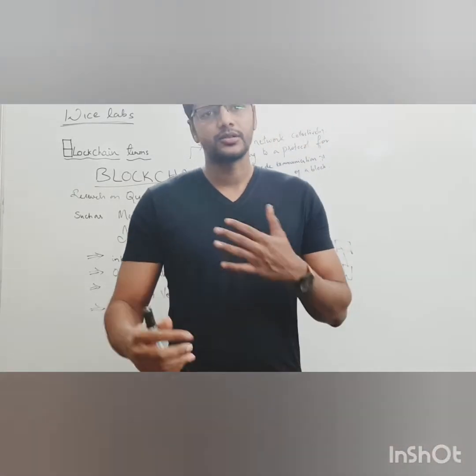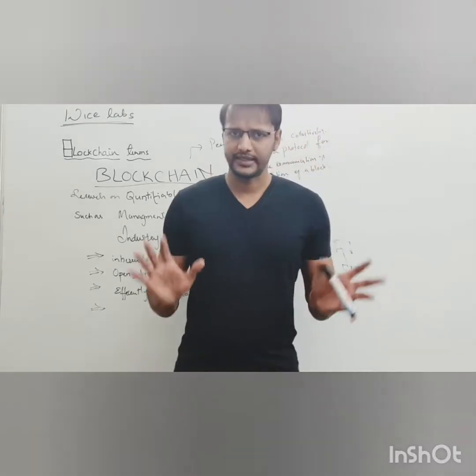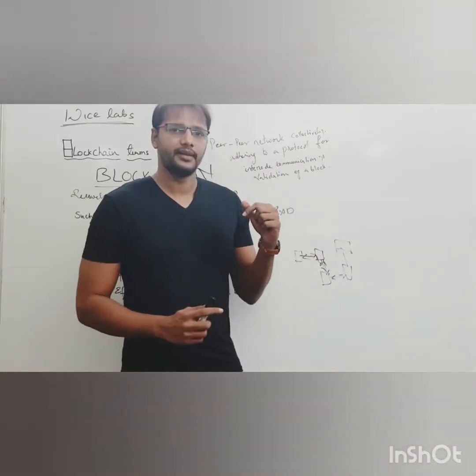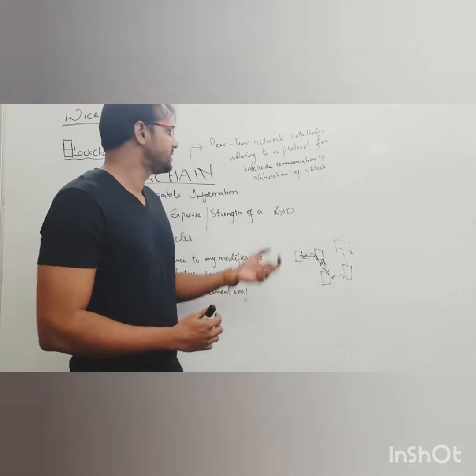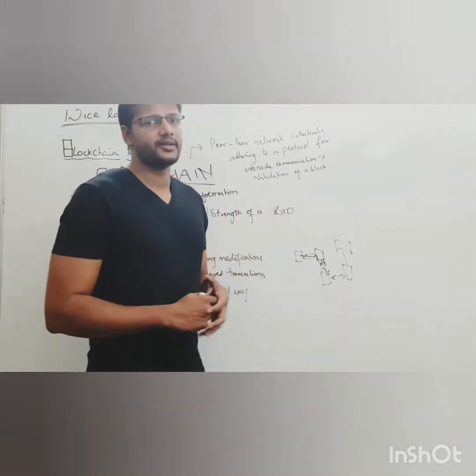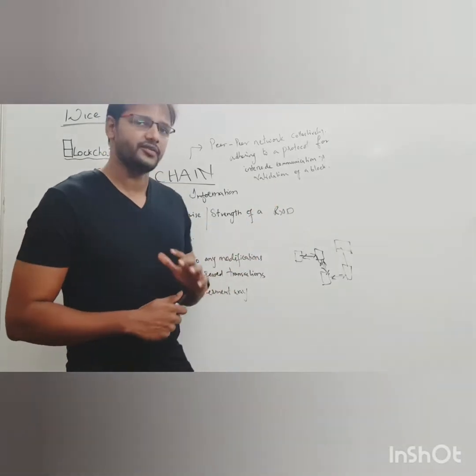To sum it up, technically speaking, a blockchain is a peer-to-peer network collectively adhering to some protocol or some rules for internal communication and validation of the transactions in the blockchain itself. That's the typical definition of the blockchain.